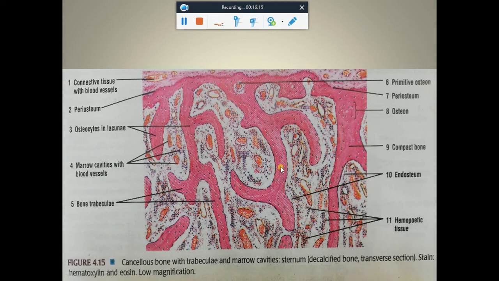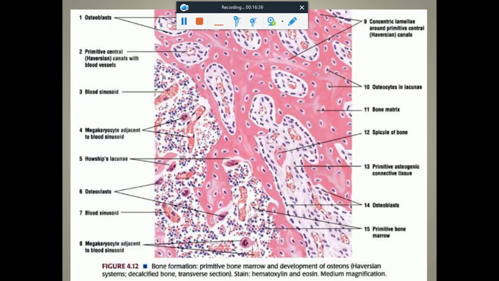So in these areas it is going to develop into lamellar bone, but this cancellous bone does not have osteons or very few osteons. आपको यहाँ पे basically parallel layers of bone नजर आएगा, ठीक है, and these are the marrow spaces which contain the developing red marrow. The same is this. Because bone जब form होता है तो remodeling होती है, you can see the Howship's lacunae, there are osteoclasts.